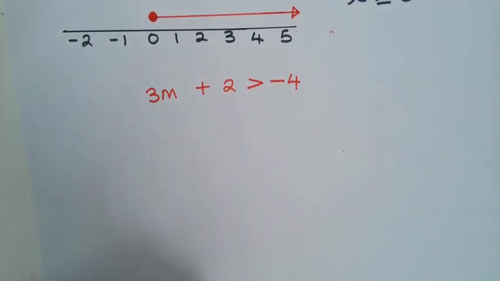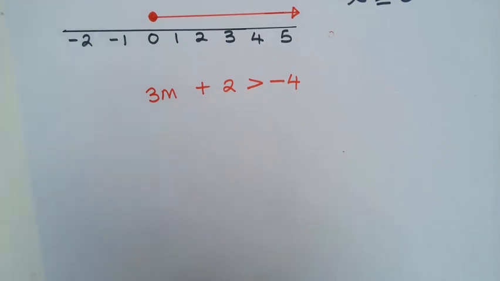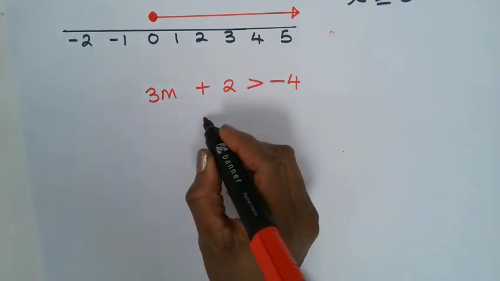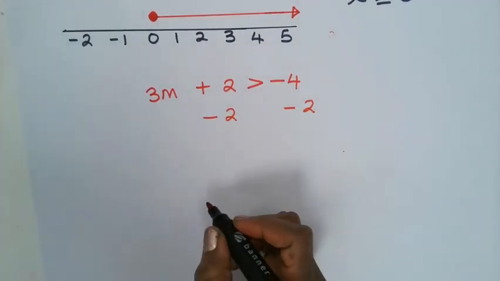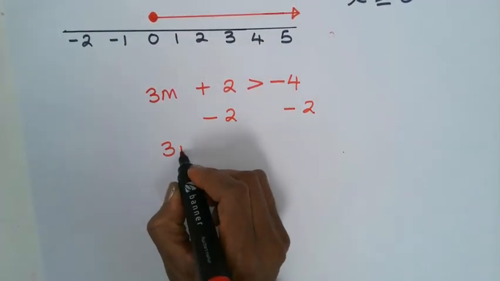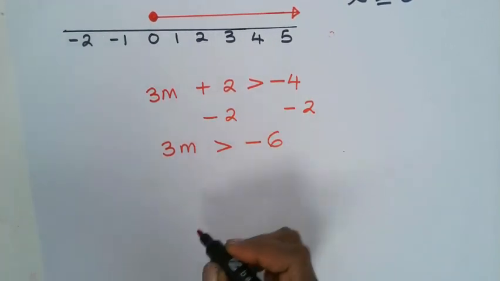We can solve this when m is isolated. So what we're going to do is find what m is in the inequality. What we do is take away 2 from both sides. So we've got 3m is greater than minus 6.